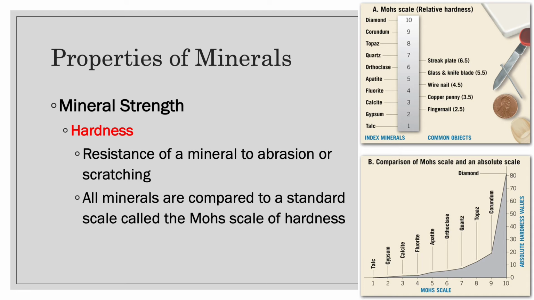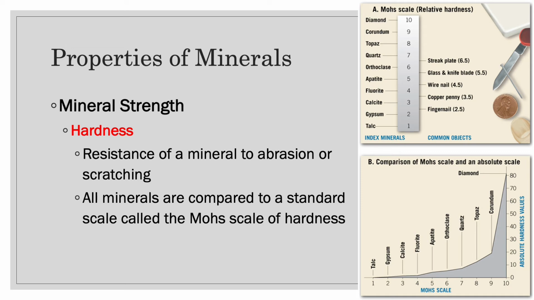So diamond has a hardness of 10. This plus elaborate marketing schemes is the reason why the saying diamonds live forever exists, or diamonds last forever. And then minerals like talc and gypsum are much softer.